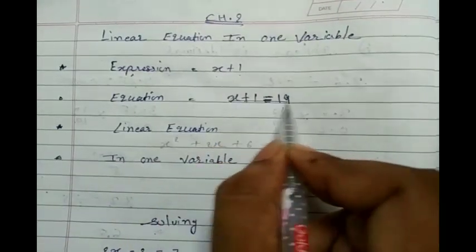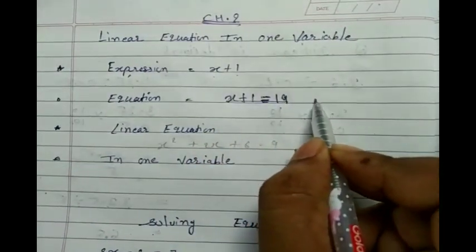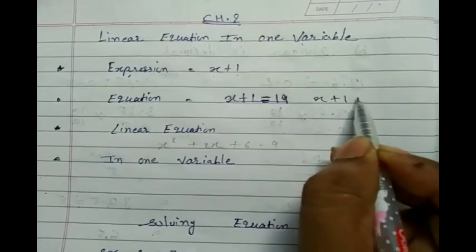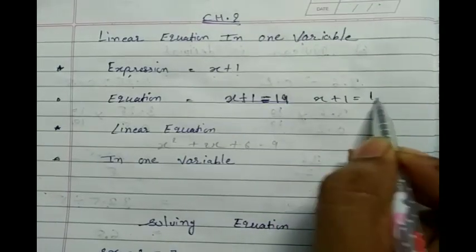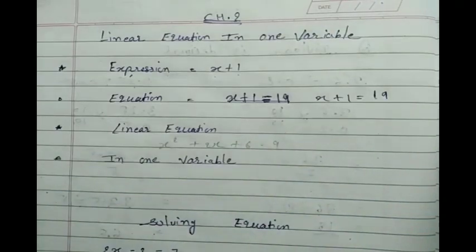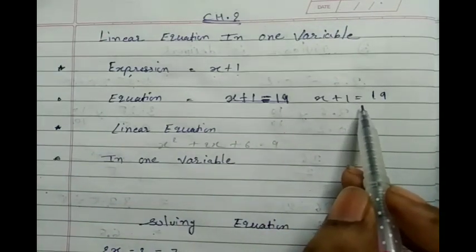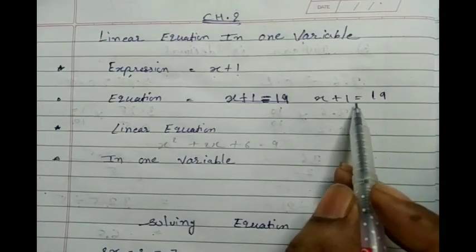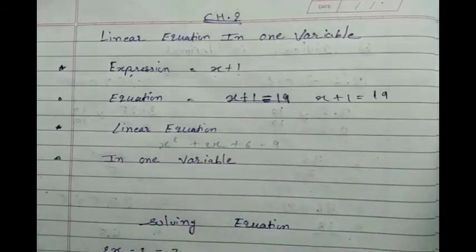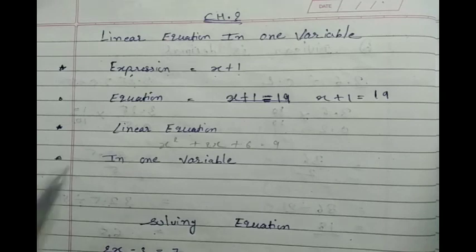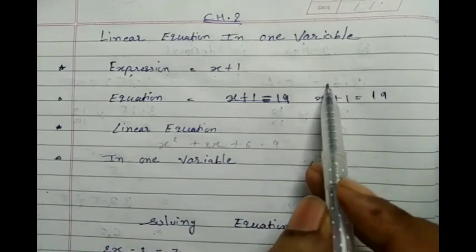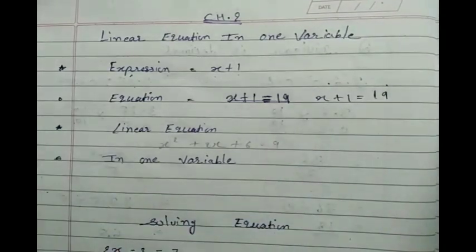Let me write it again: x plus 1 is equal to 19. When there is a sign of equal to between two expressions, it becomes an equation. Equation means that it shows that this part and this part are equal.